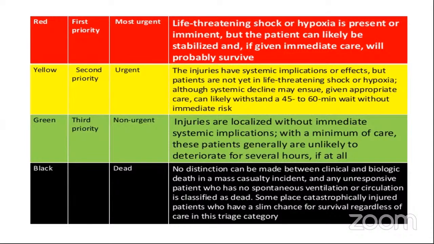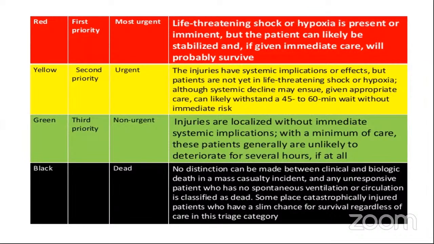So that is yellow. Another one is green, the third priority after yellow. It is non-urgent but the patient needs medical management. The injuries are localized without immediate systemic implication. With a minimum of care, these patients are generally unlikely to deteriorate for several hours.